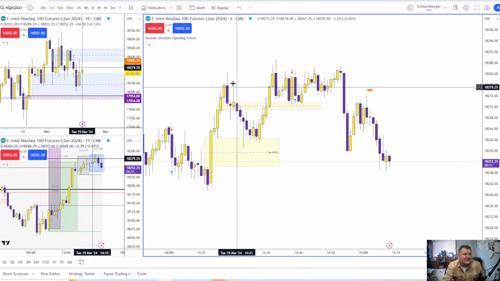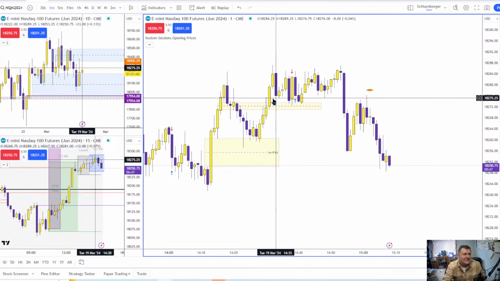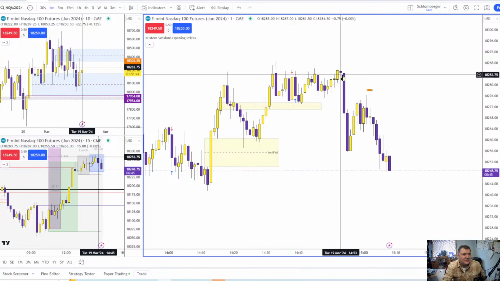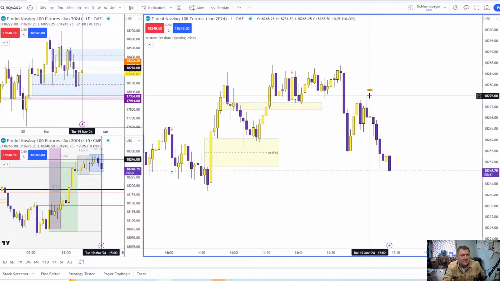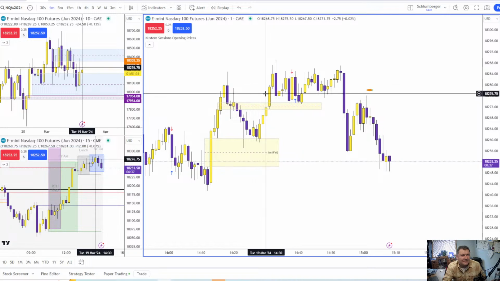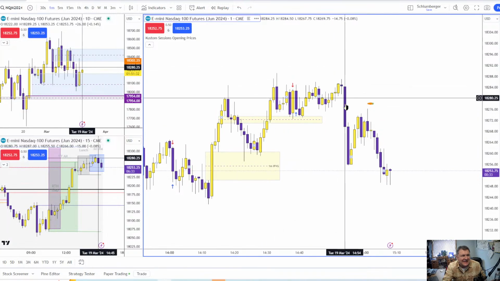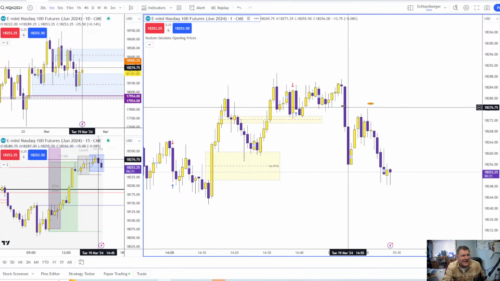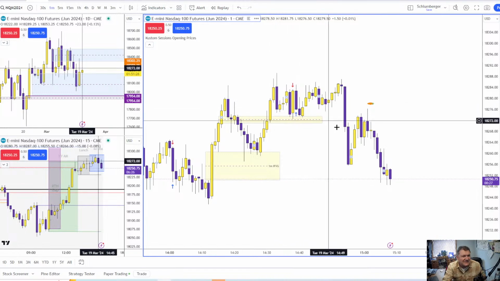Look at this. See this right here? Did you see that swing that we talked about before? Look at this. Slam down, and watch this. Bing. Right inside it. So when you see a big displacement candle like that, and you see it coming back inside that, look at that. How delicious is that?